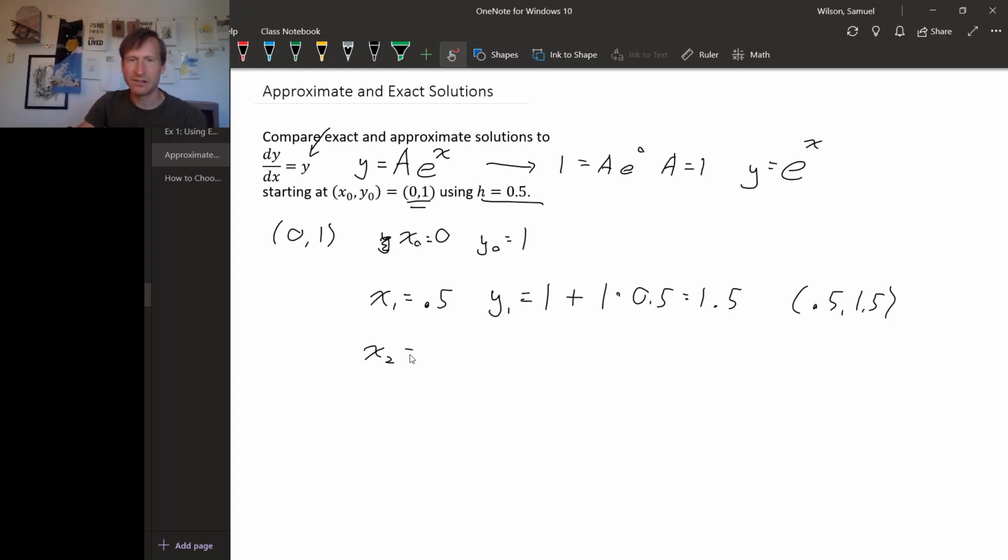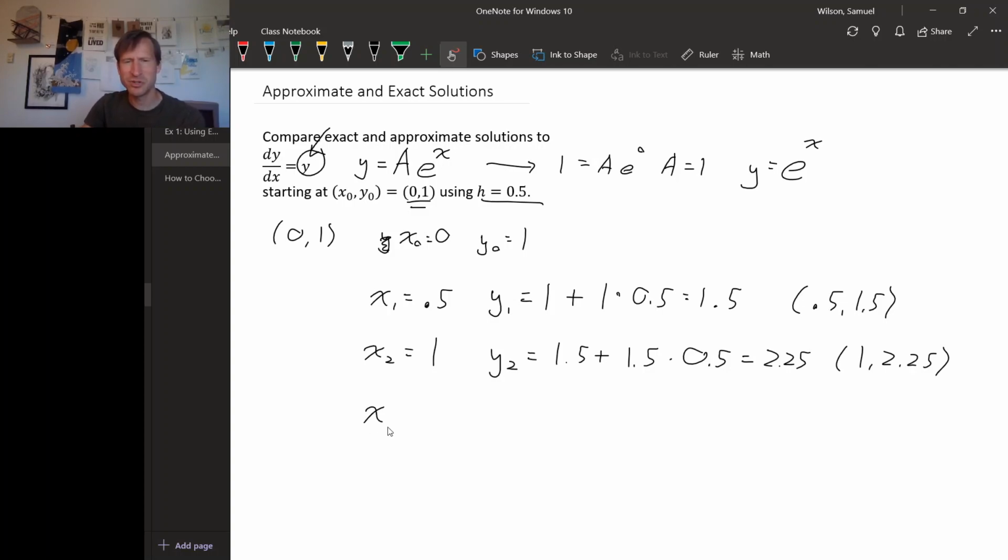Our next x value, we add the step size again, so now we're up to x equals 1. And then our next y value is the old y value, 1.5, plus, and then we evaluate this function again, so 1.5 times the step size. And then do the arithmetic on this, you get 2.25. So now we have the point (1, 2.25).